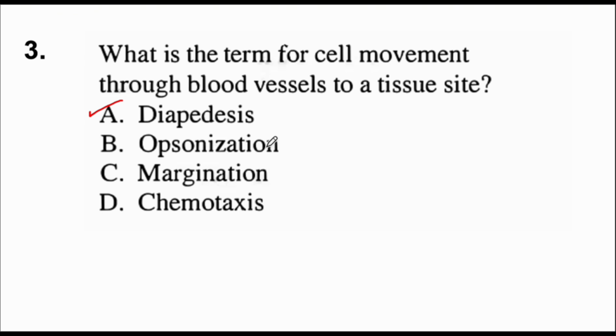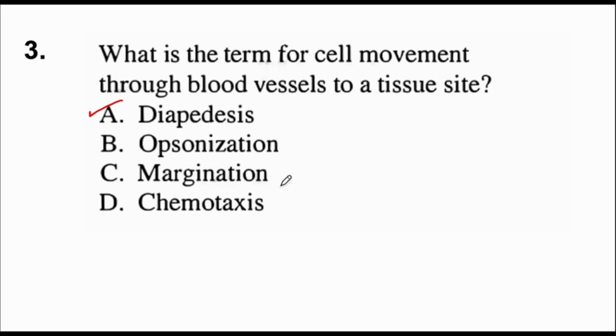Opsonization is the process of coating a pathogen with proteins like antibodies or complement to make it more easily recognized and engulfed by phagocytes. Margination is the process where leukocytes slow down and adhere to the inner wall of the blood vessels before they begin to squeeze through.